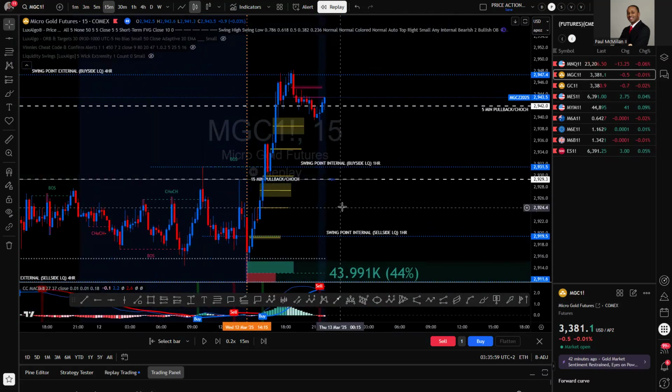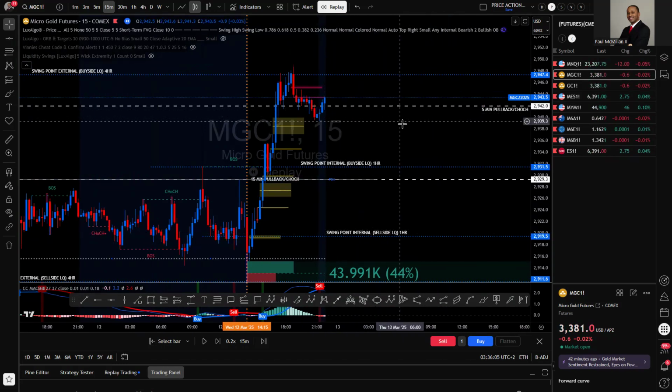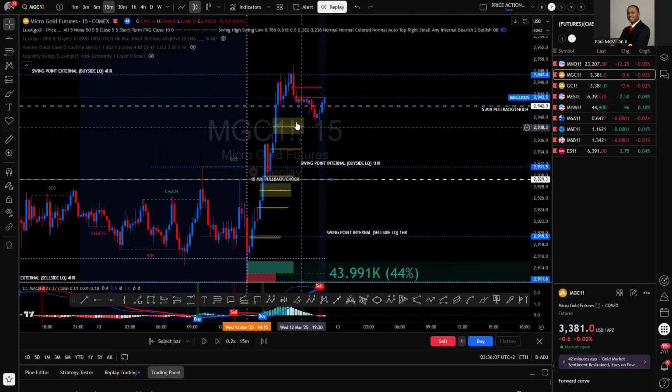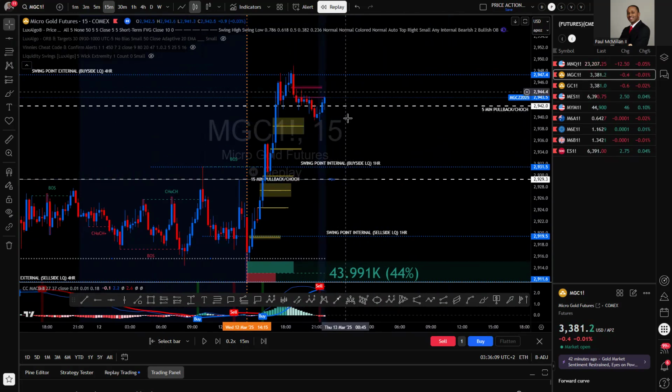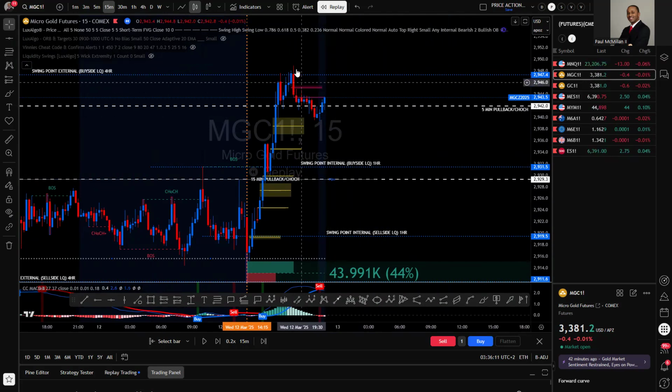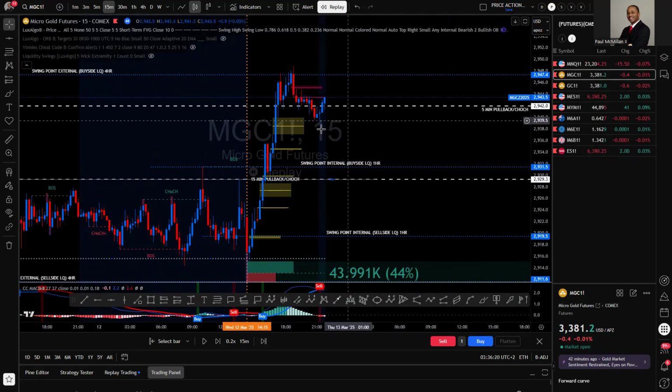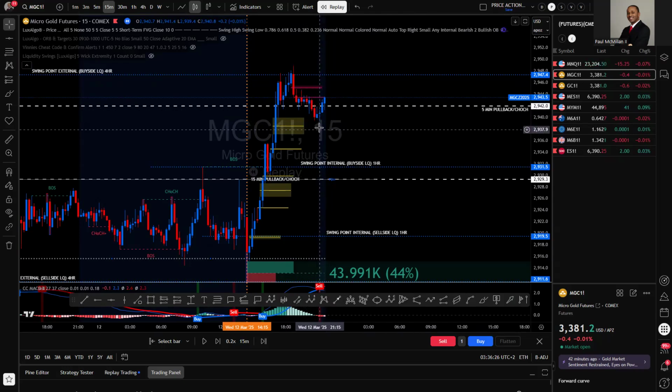Okay, so now you notice that it looks like price is respecting this 15-minute pullback. The price might still go forward. But you see that price is trading into this fair value gap, and it also looks like it's respecting this area.